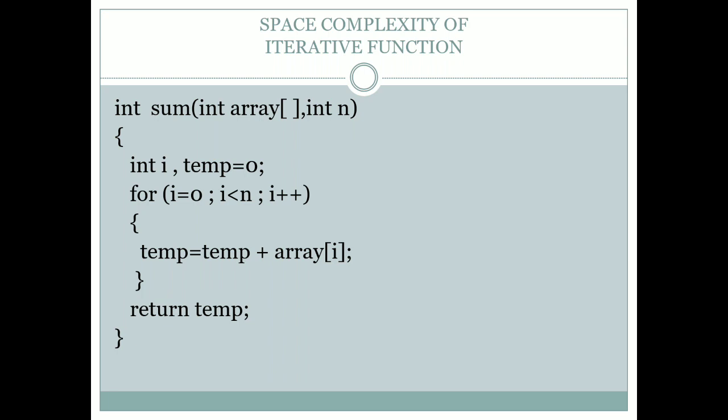In that for loop, the condition is i equal to 0, i less than n, and incrementing by 1. In that for loop, the calculation is temp is equal to temp plus array[i].